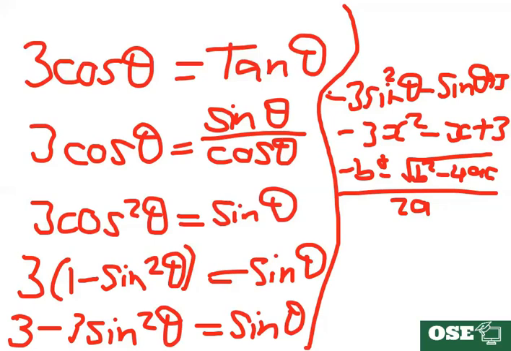A is negative 3 multiplied by C, which is 3, all over... let me get an actual calculator. Using my phone is not working.